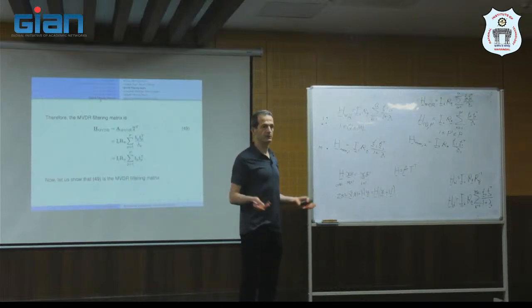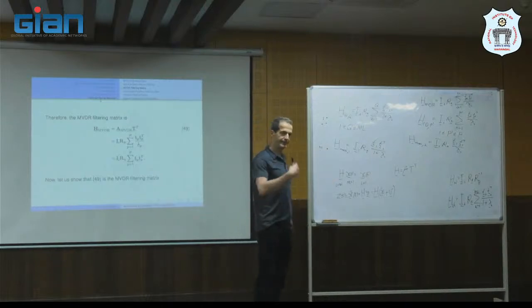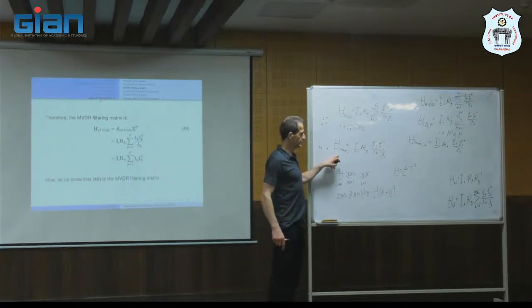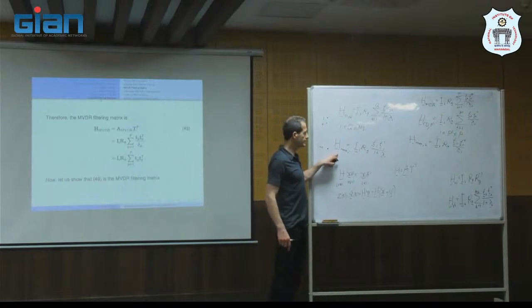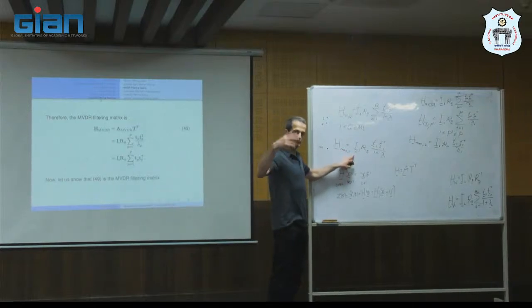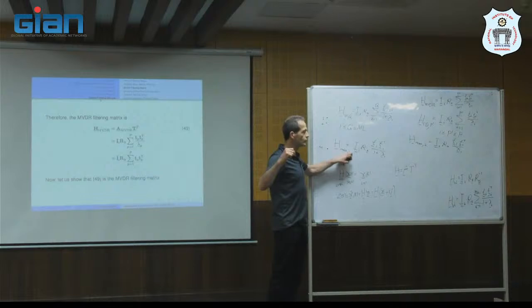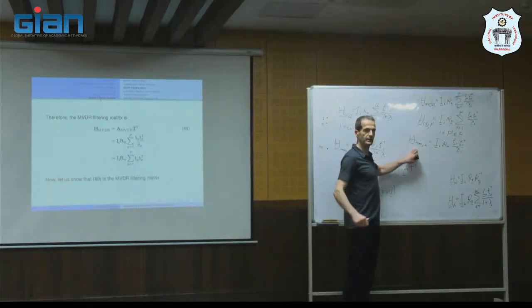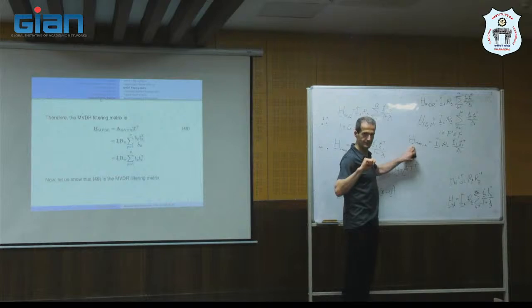So I said, sometimes I have an infinite number of filtering matrices that can generate the maximum SNR. So here it's the filtering matrix that produces the maximum SNR, but out of all the filtering matrices that obtain the maximum output SNR, I choose the one that minimizes the MSE. Here, out of all the matrices that obtain the maximum SNR, I choose the one with the minimum distortion, minimum signal distortion, which is different.